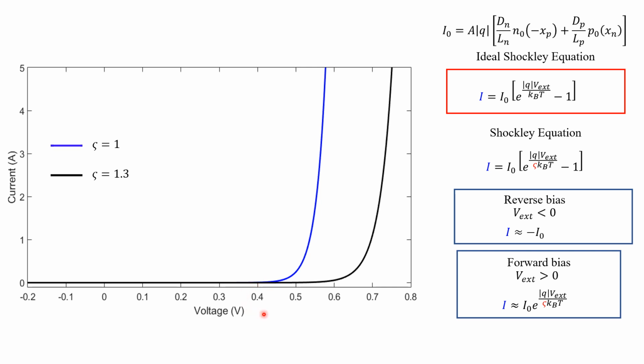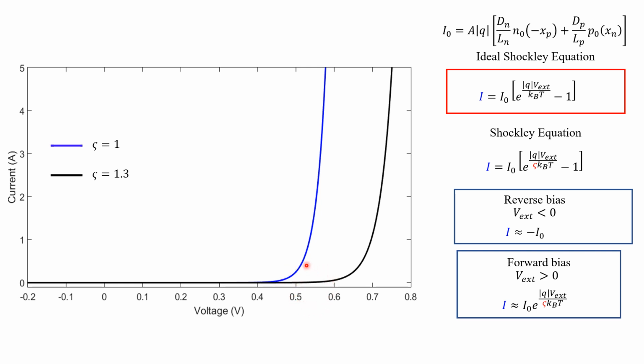But when the voltage is above 0.4, then the current increases exponentially with the voltage. And that means that there is a huge range of currents that are accessed by a small variation of voltage around 0.55 in this example.